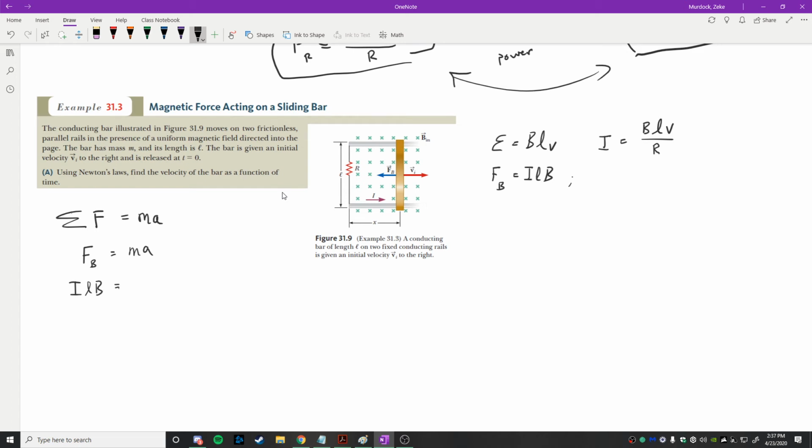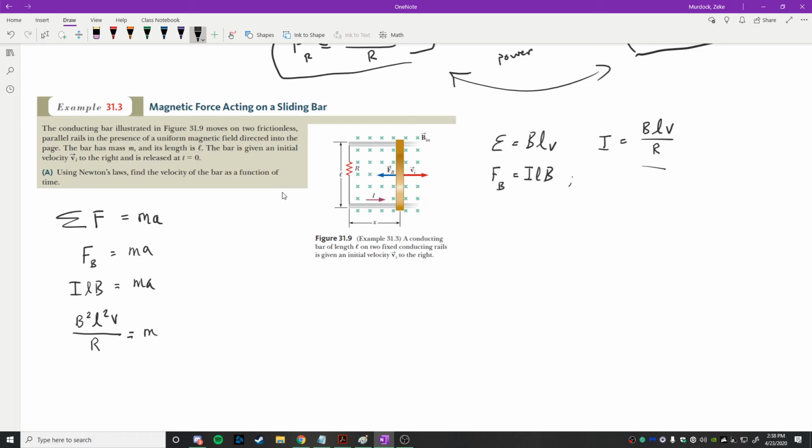That's equal to m times a. All these things we kind of know, right? I was BLV over R. So this is going to be B squared L squared V divided by R. Does that look right to you guys?